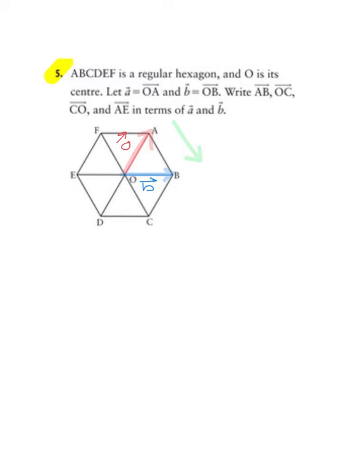I need to start at the tail and end at the head. So I need to write a vector that is an addition that looks like this. This plus this. Or if I was going to write it out, it would be AO plus OB.